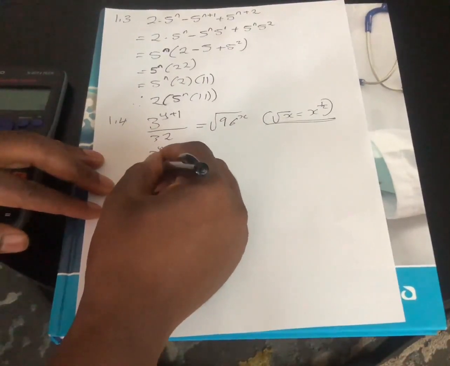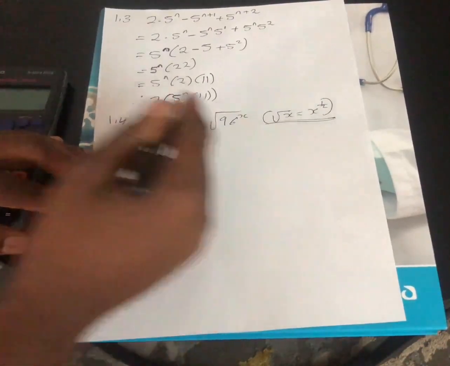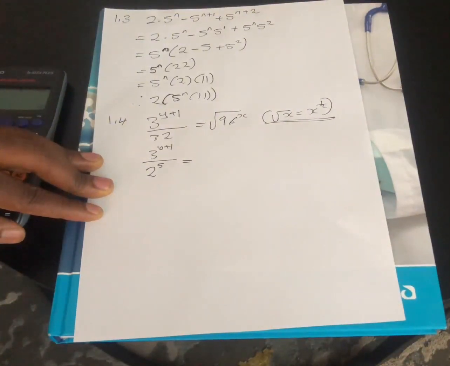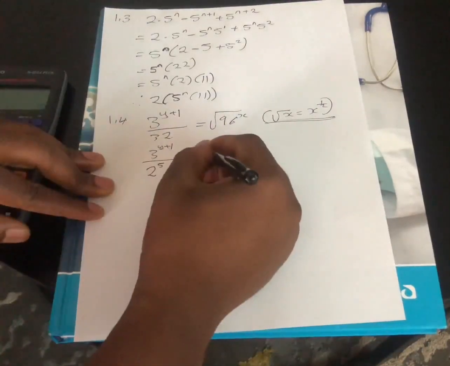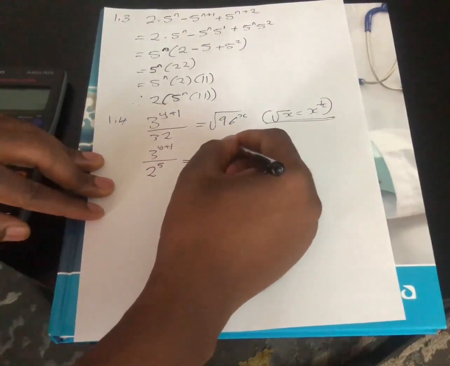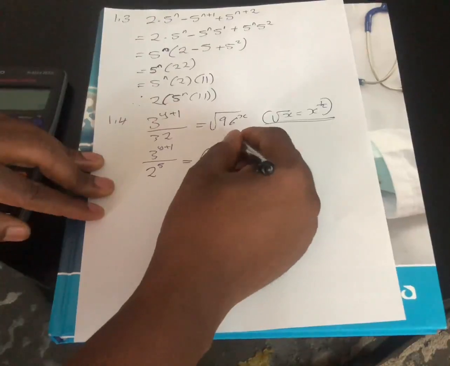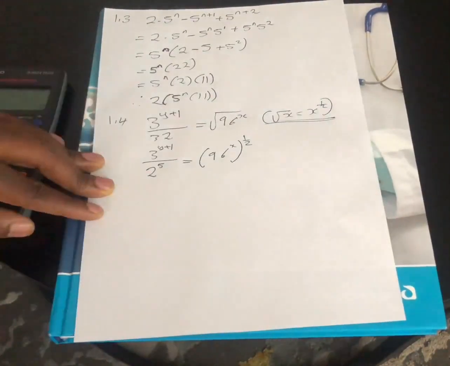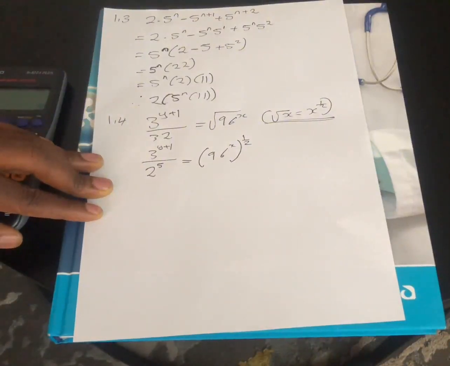2 to the power 5 is equal to, like I said, we are going to change the square root to become exponents. So this is the same as 96 to the power x multiplied by 1 over 2.